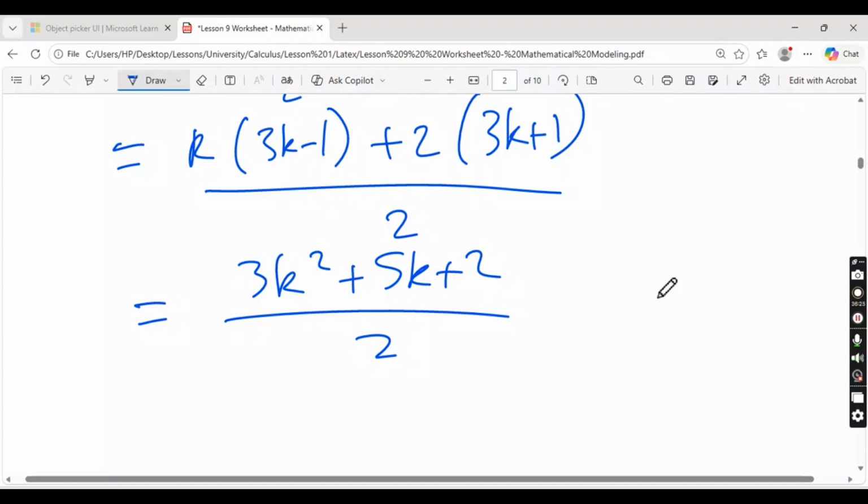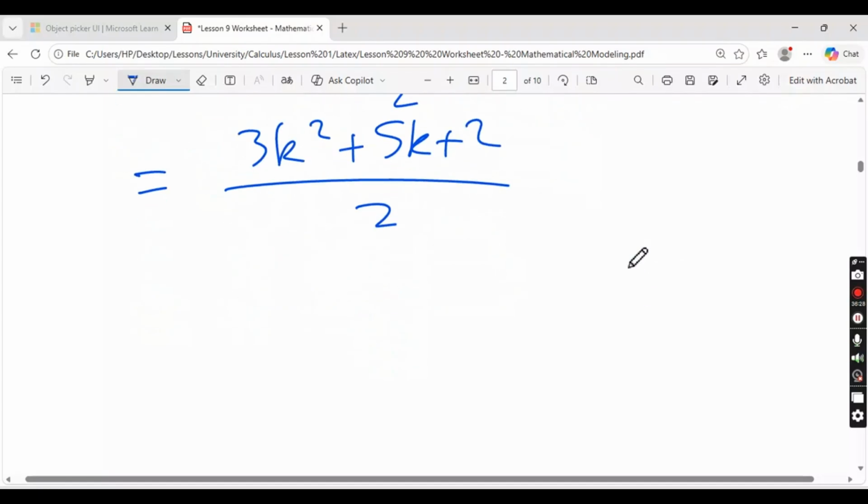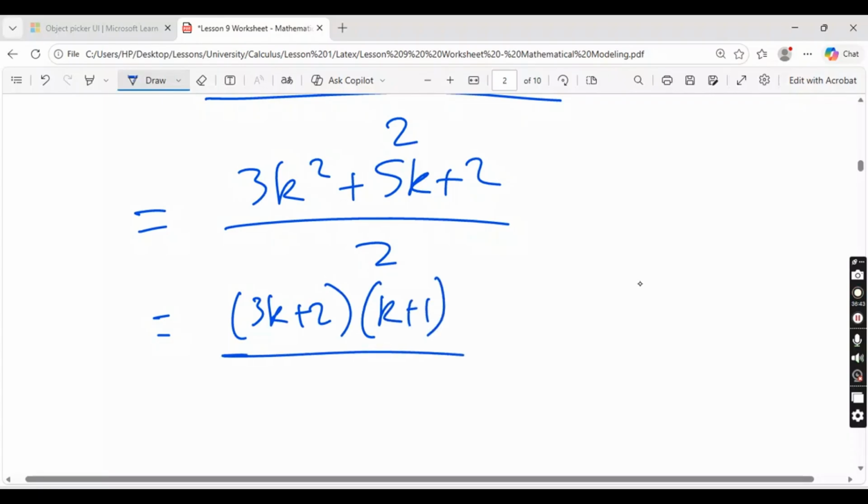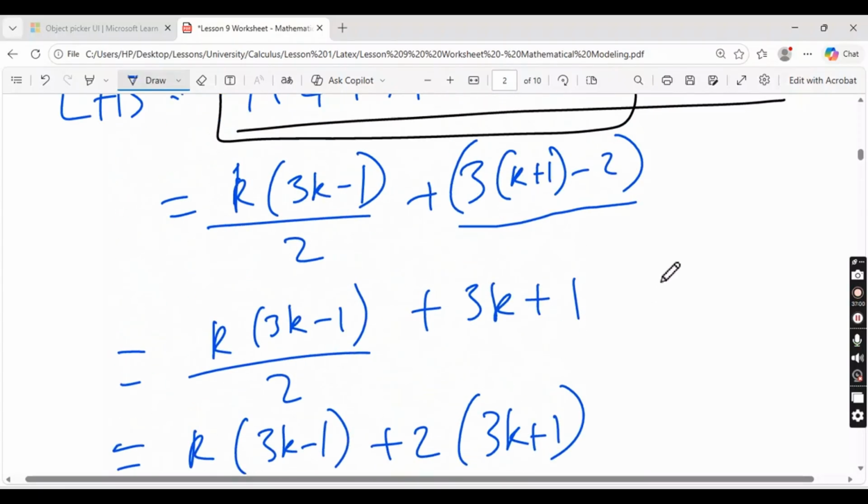Okay, so it's 3k plus 2, working with k. 3k plus 2 times k plus 1. Right. Can we simplify this further? Yes or no? No. Okay, so this will be the answer for our left-hand side.